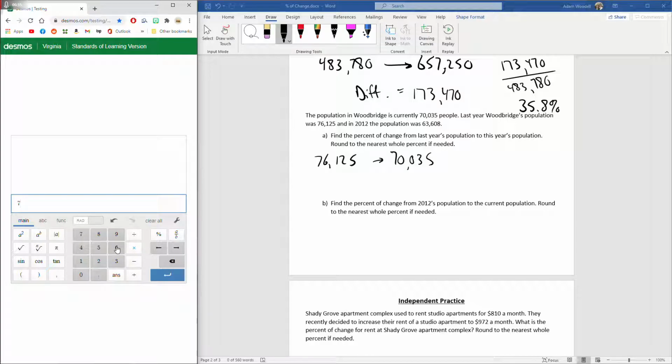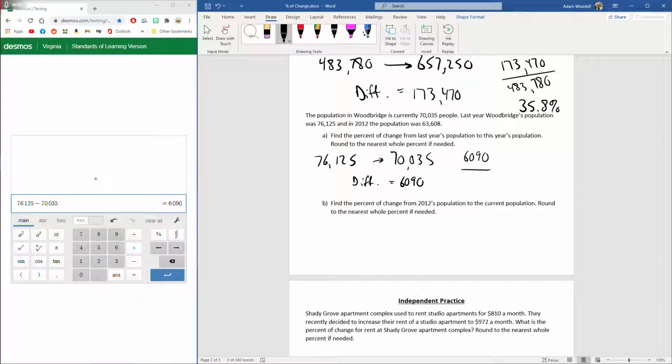Clear my calculator. 76,125 minus 70,035. Okay, there's a difference of 6,090. Okay, but that's not the percent of change. That's just the difference. So what do we do? Take that difference, divide it by the amount that I'm starting with.